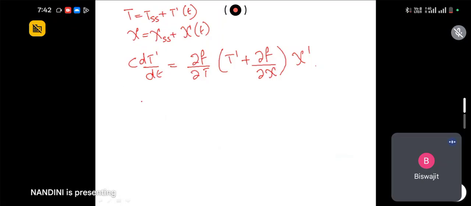Let me write it from the book. C dT by dt is basically F of T and chi. It is dF by dT into T dash plus dF by d chi into chi dash.